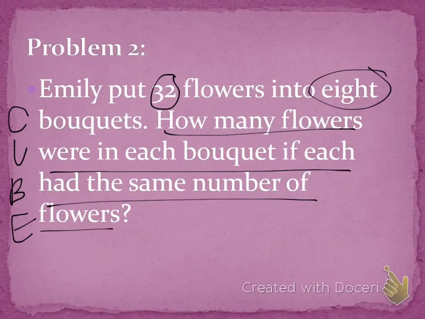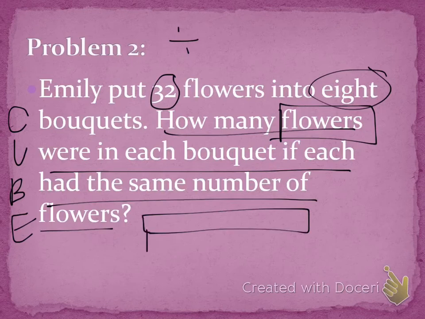Okay, I'm splitting them up, so I hear the part where I'm splitting things up, so I know that I need to divide. So I'm going to put that up there. I need to box in any important words. So how many flowers is going to be my label, were in each bouquet if they had the same number of flowers in each one? Okay, so I'm setting it up just like my bar diagram.